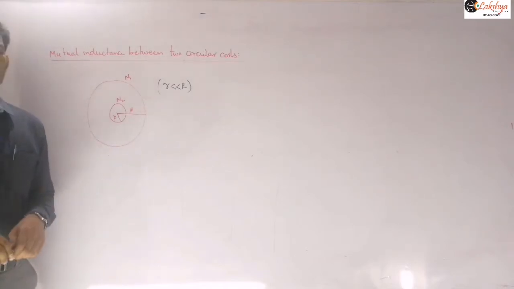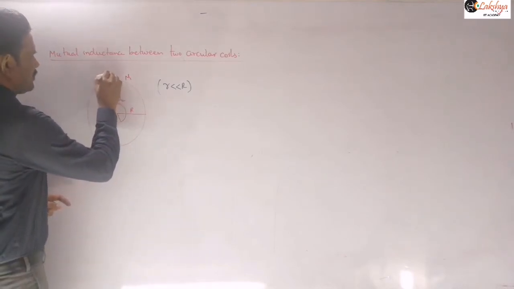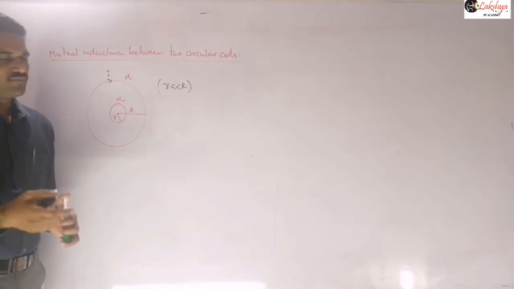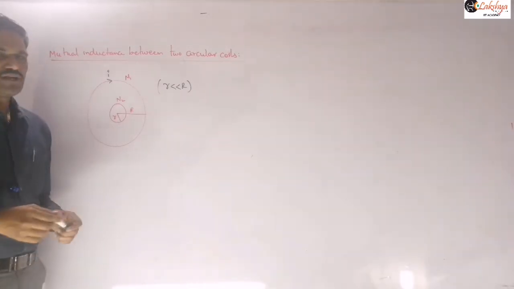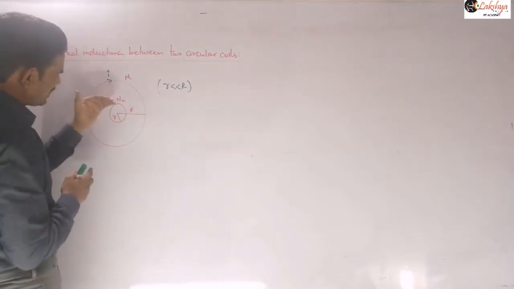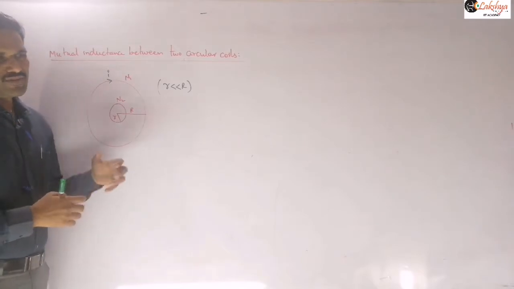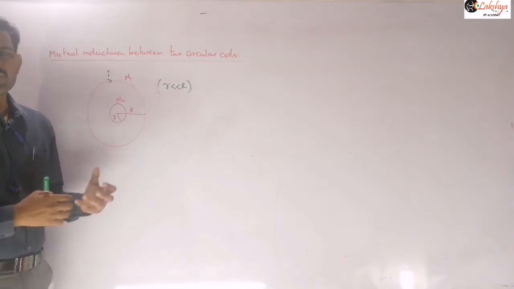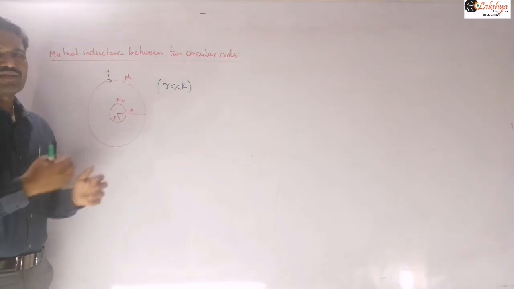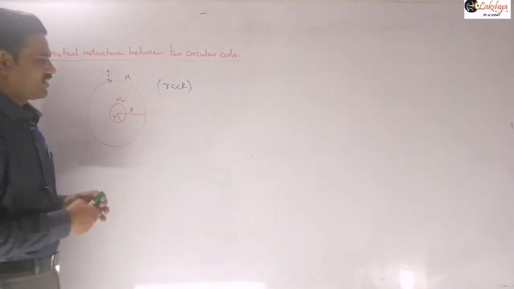To find the mutual inductance between the coils, let I be the current flowing in the outer ring. By the principle of reciprocity, you can assume current is flowing in the outer ring, because it is easy to calculate mutual inductance that way, since you can calculate the flux passing through the inner coil, the second coil, easily. So now let us see this.